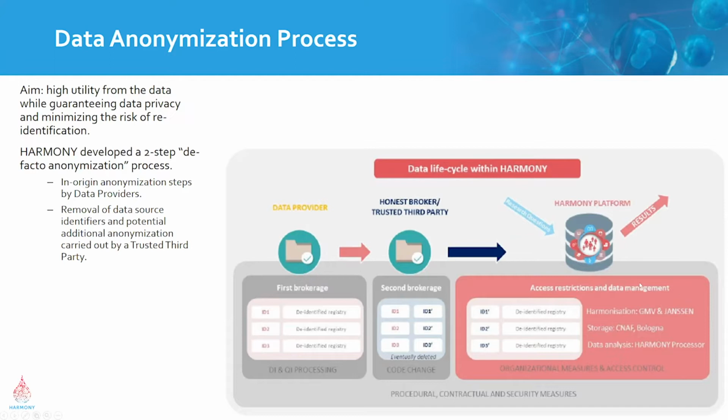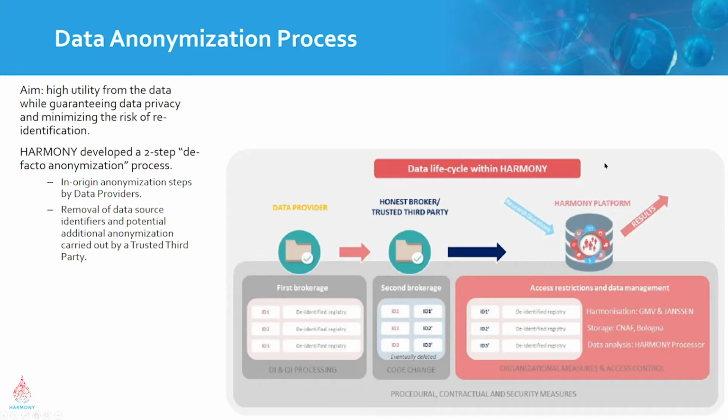So once the data is on the Harmony platform, there is no identifiable date, there is no identifiable information, and there isn't even a unique patient ID that means anything to you or me. So all the patients I have submitted, once they're on the platform, I can't even tell who they are, right? Even though I have access to them on the data platform. That is the process by which it works, and it hinges on there being a trusted third party to do that process.